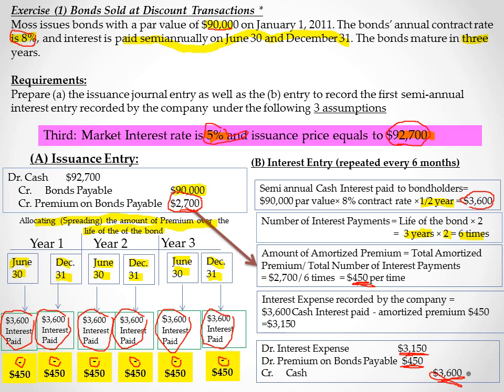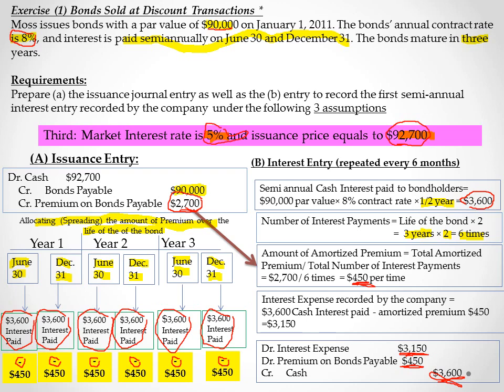We have here a total amount of 2,700. We will allocate it over the total number of interest payments. We have 6 times. So this means that each time I'm going to allocate 450 to the interest expense. So this 450 will be the share of each 6 months.